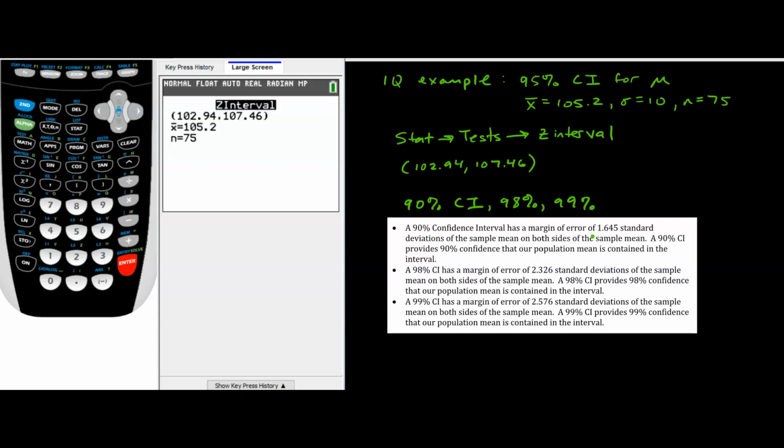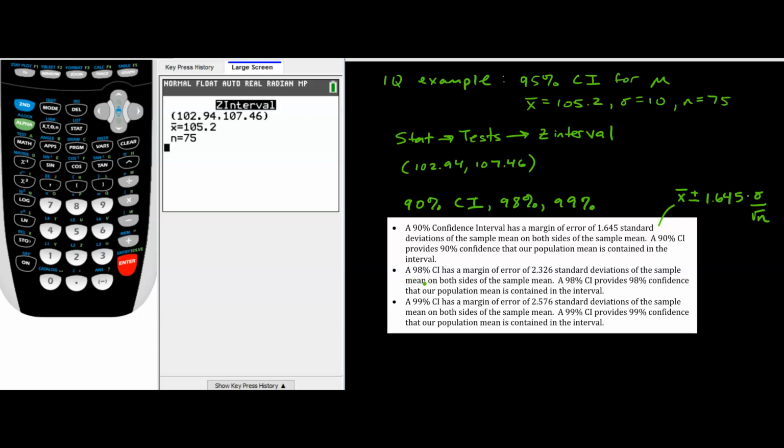And so based upon that, that's how we ultimately come up with our formula for the confidence interval for, in this case, a 90% confidence interval. And so it would look like this. Our formula would be x bar plus or minus 1.645 times the standard deviation of the distribution of sample means.